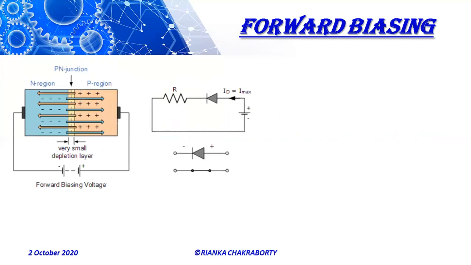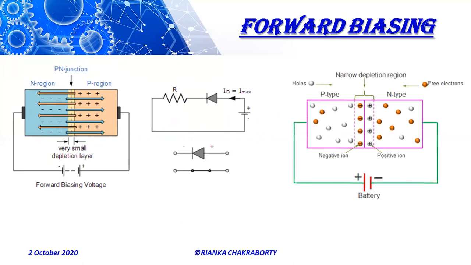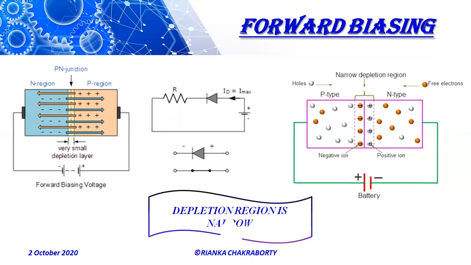That is called forward biasing. The forward biasing voltage V supplied by the battery exerts a force on the holes of the P side and on the electrons of the N side of the junction, driving them towards the junction. As a result, the width of the depletion region decreases. That means the depletion region for forward biasing is narrow.